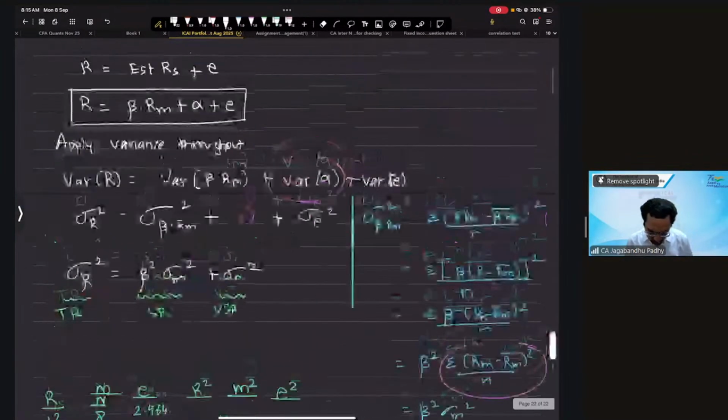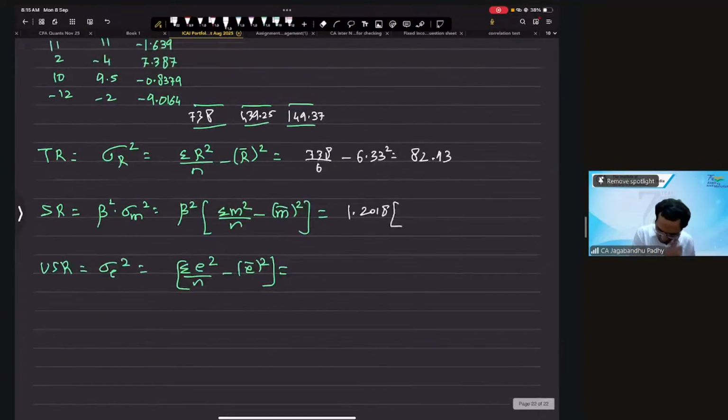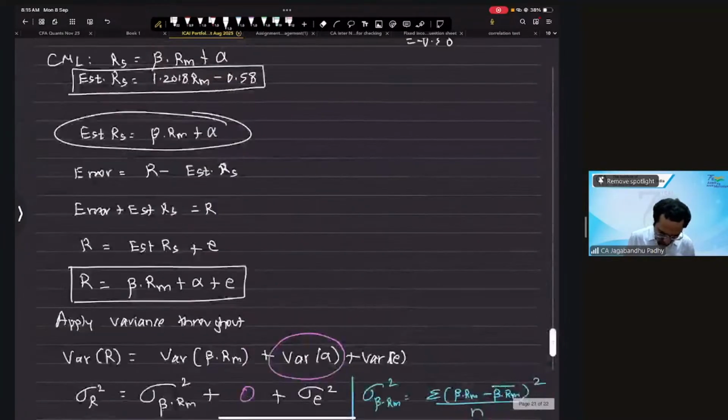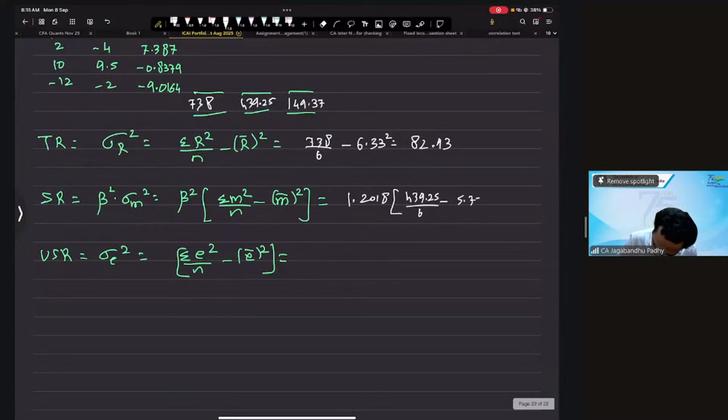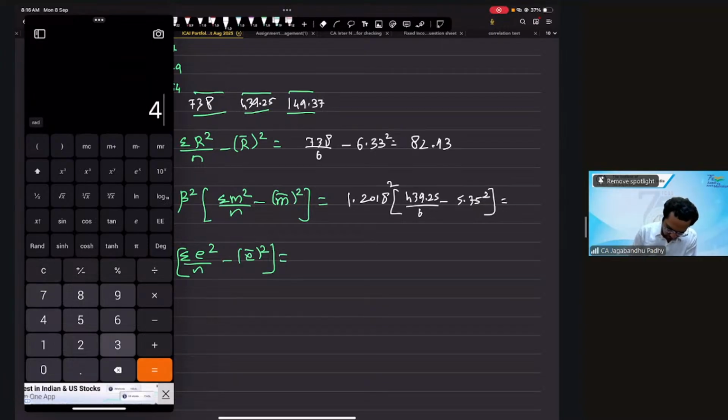Beta is already what we have computed. Beta was 1.2018. So beta square into variance of market, which is 439.25 upon 6 minus average return of market square, which was 5.75 square, that is 33.0625.